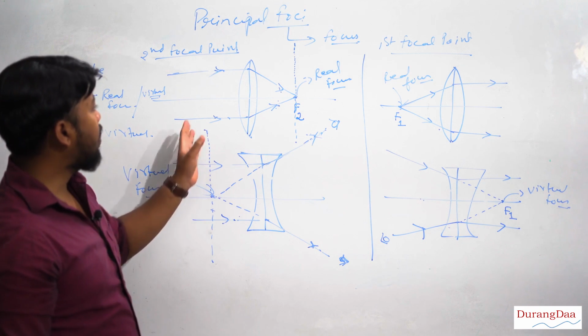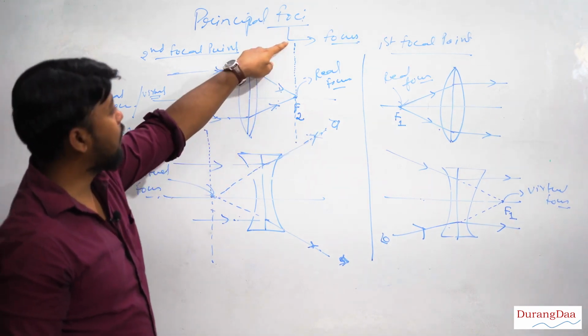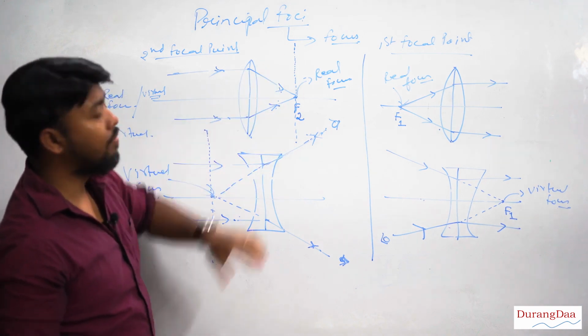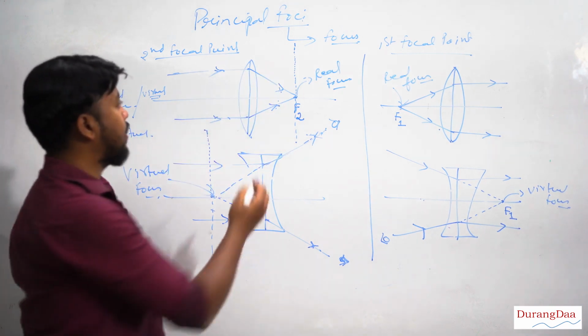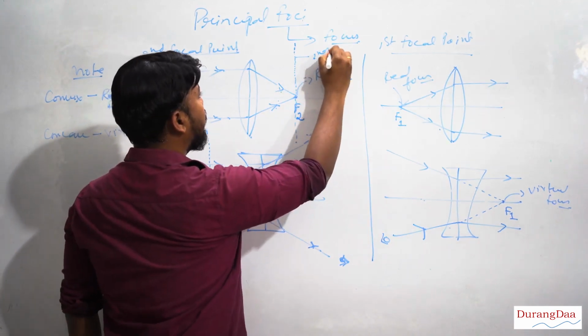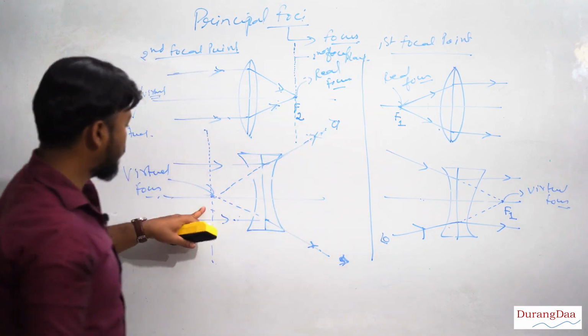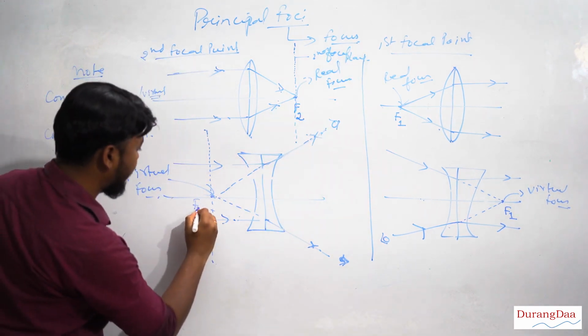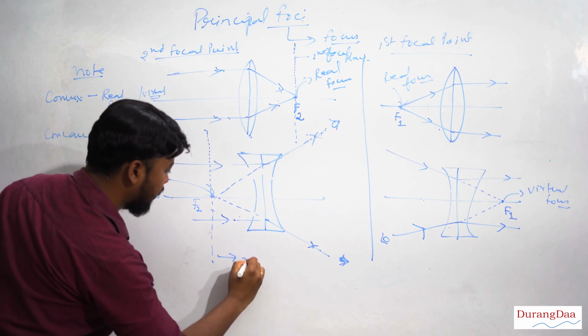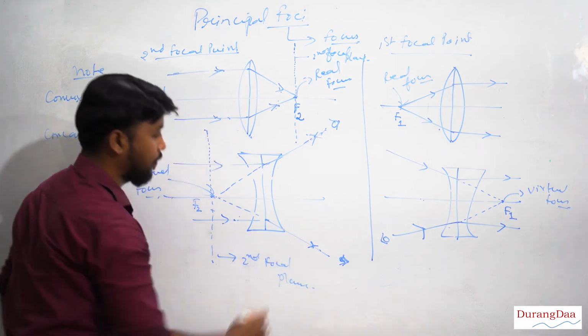Now, depending upon the diagram, because this is the second focal point, the focal plane passing from here we'll call the second focal plane. Here also, because it is passing through the second focal point, I'll call it the second focal plane.